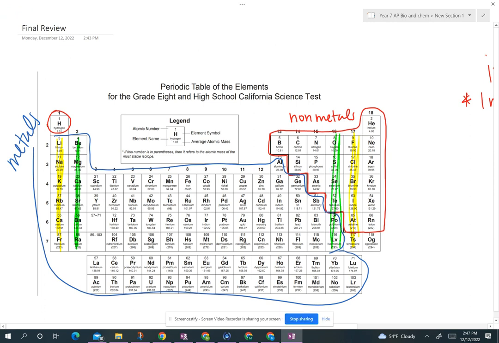Now, those are perfect matches. You can also have an imperfect match, which means that you can have either more metals or more non-metals. But for the most part, during the final, they want you to be able to recognize if it is an ionic bond or not, and what is happening during an ionic bond.